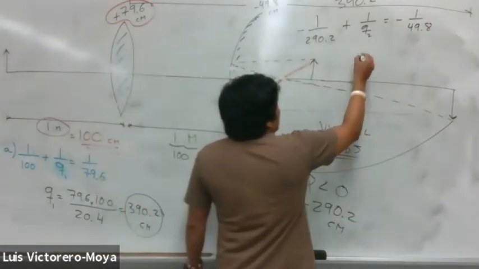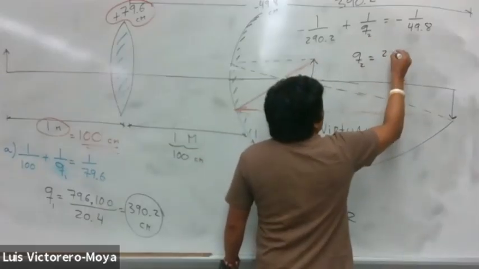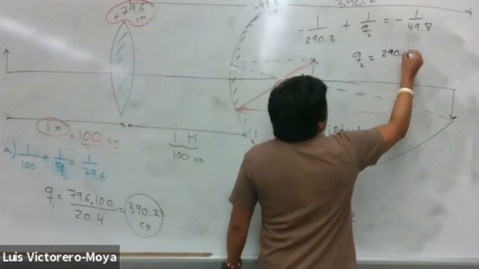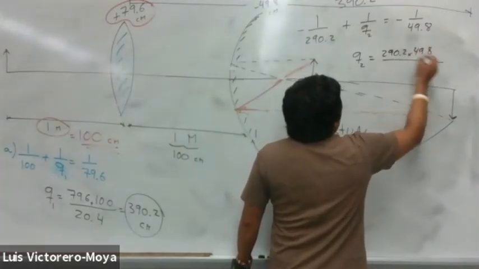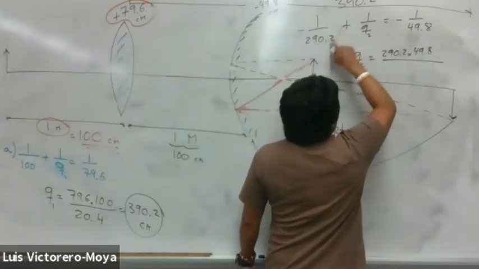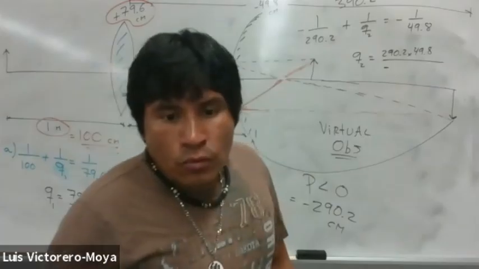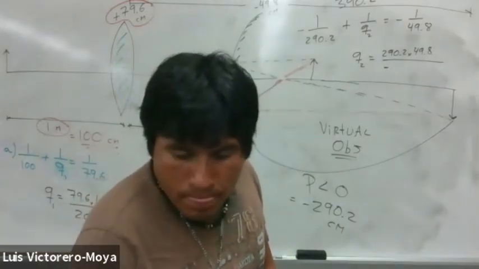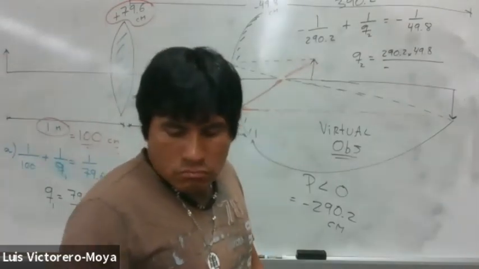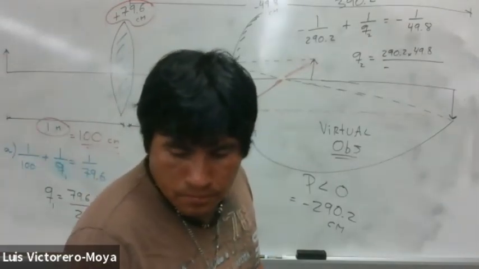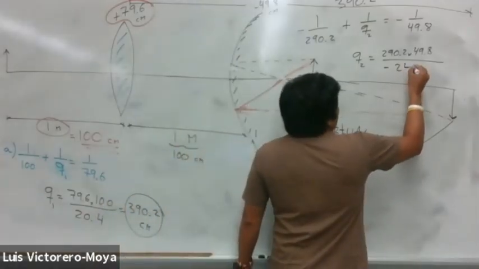So Q2 will be this times that divided by this minus that, so negative 290.2 times 49.8 over 240.4, and it's negative.